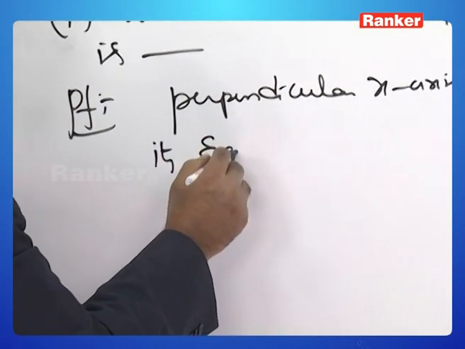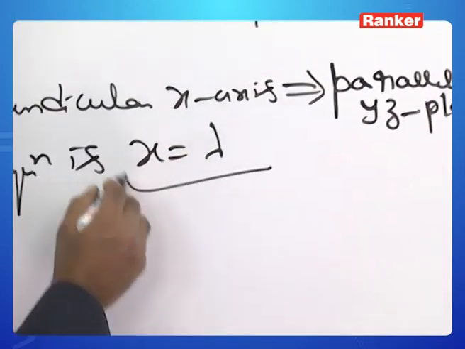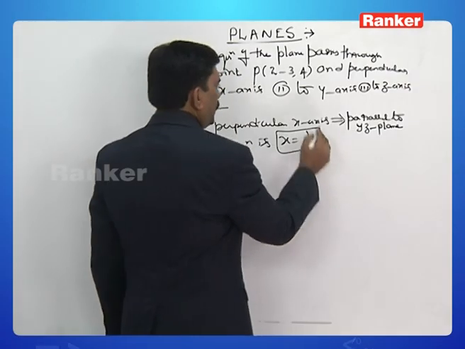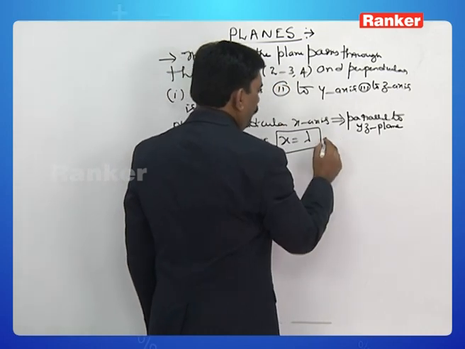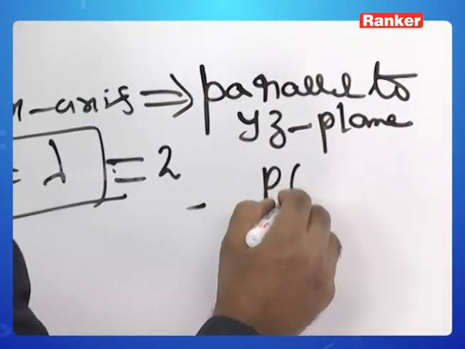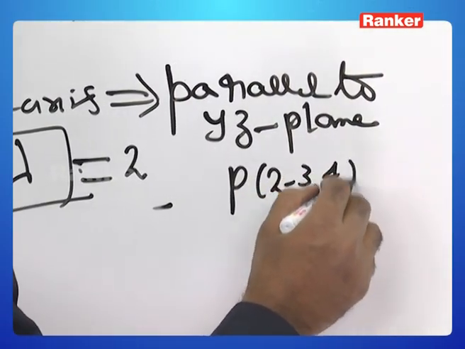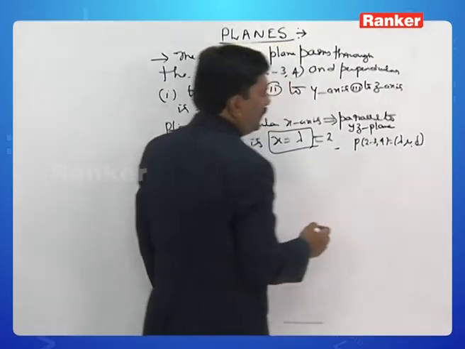Its equation is x equals lambda, or else lambda, mu, gamma. Therefore, I can write this equal to 2, where P(2, minus 3, 4) you can take as lambda, mu, gamma, delta, right?